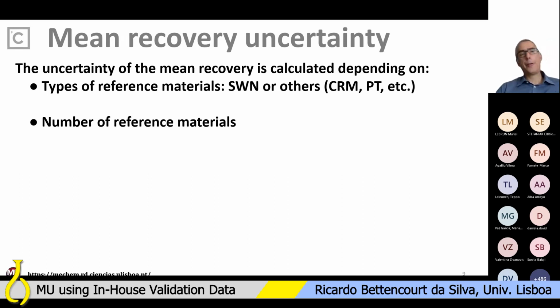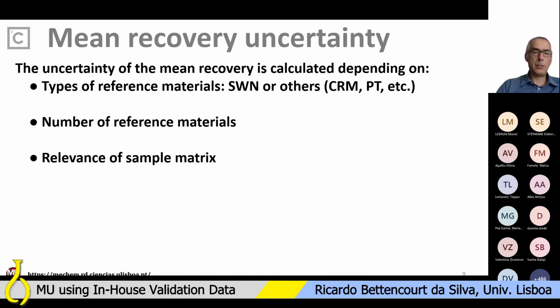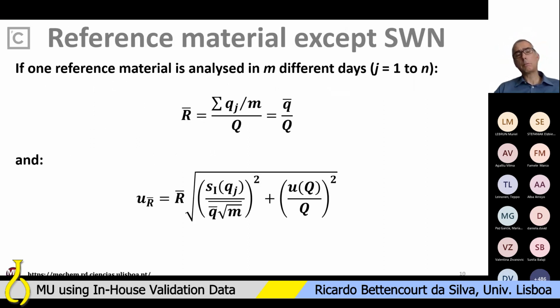Typically, you have a general formula if you have several reference materials, but this general formula has a specific application when you only use one reference material. And the relevance of the sample matrix on recovery, the impact on recovery, must also be taken into account in this calculation.